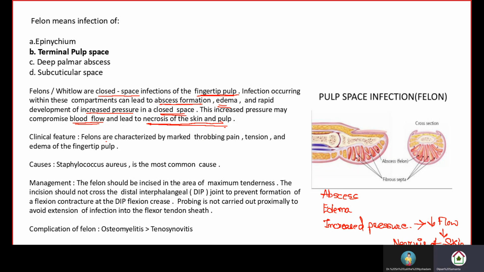Felons are characterized by marked throbbing pain, tension, and edema of the fingertip pulp. The felon should be incised in the area of maximum tenderness. The incision should not cross the distal interphalangeal joint, to prevent the formation of flexion contractures at the DIP flexion crease.